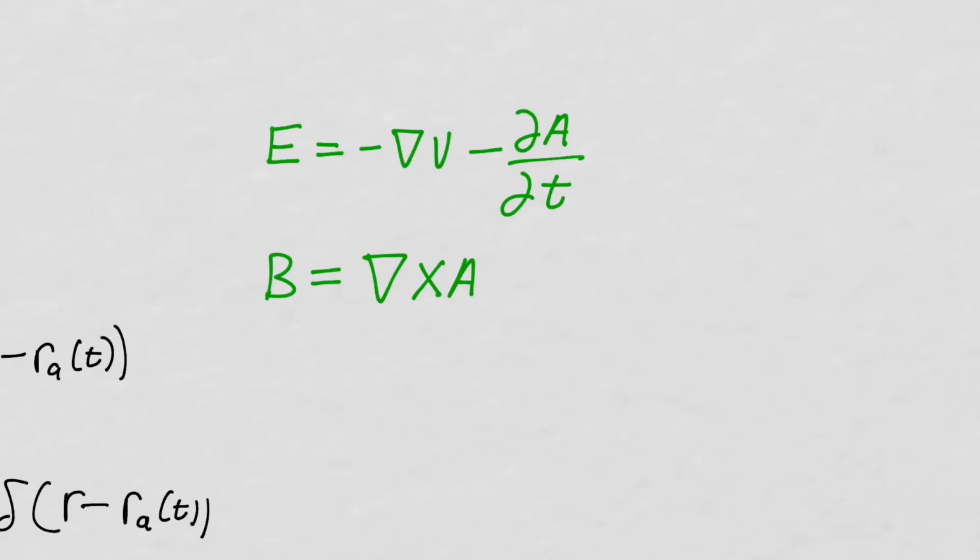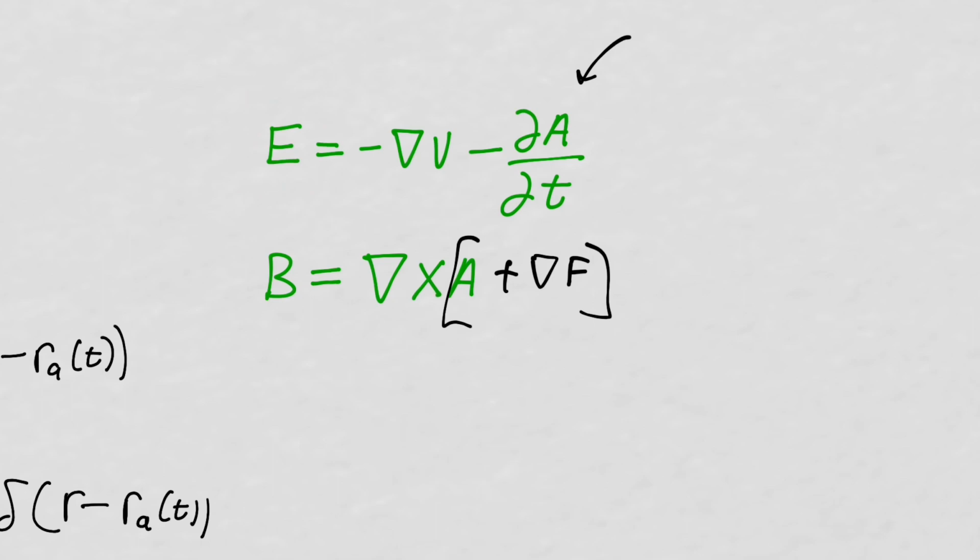I need to explain that A is ambiguous up to the gradient of a function f, right? But that shows up in here because, for the E field to be the same, remember this whole thing depends critically on the fact that B remains the same.